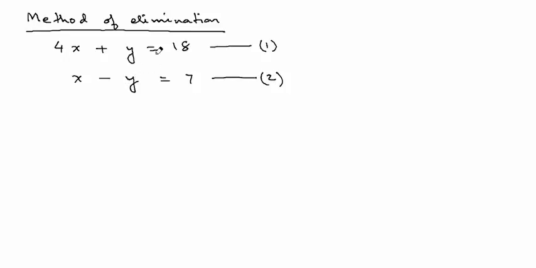Now the whole idea of using elimination or getting rid of one of the variables is to make sure that the variable we want to get rid of has the same coefficient on both equations but with opposite signs. So if we want to get rid of x, we need a 4 and a negative 4 on both equations. If we want to get rid of y, in the same way, we need the coefficients of y to be the same with opposite signs on the two equations.